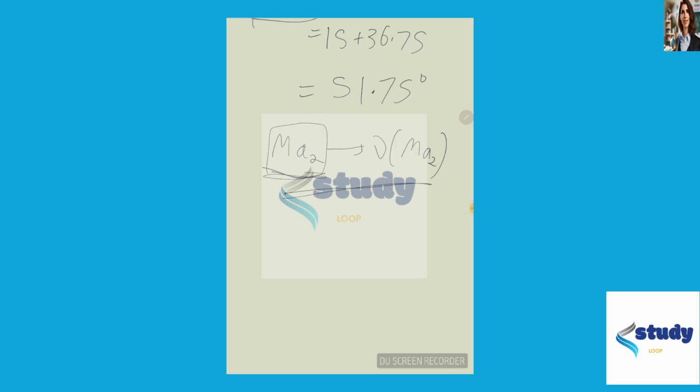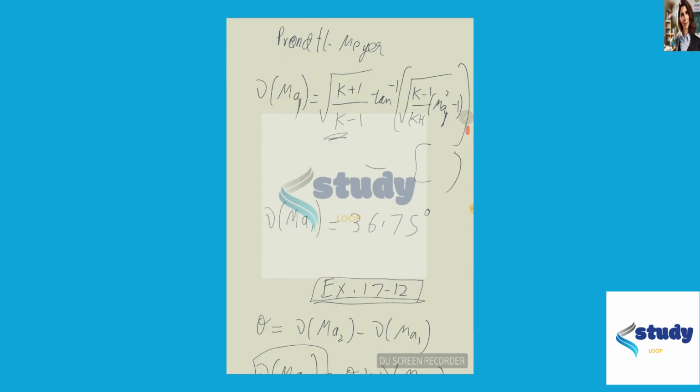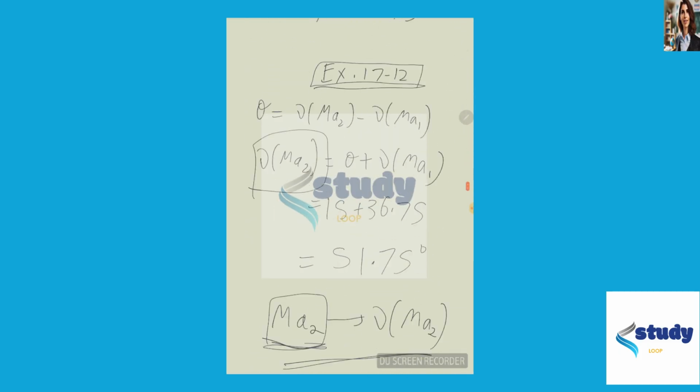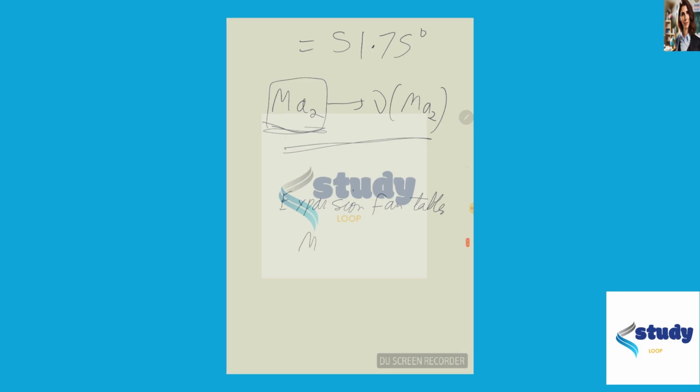There are two ways to find it. One is the expansion fan tables, and the other way is to invert this Prandtl-Meyer equation by using Mathematica, MATLAB or such software.